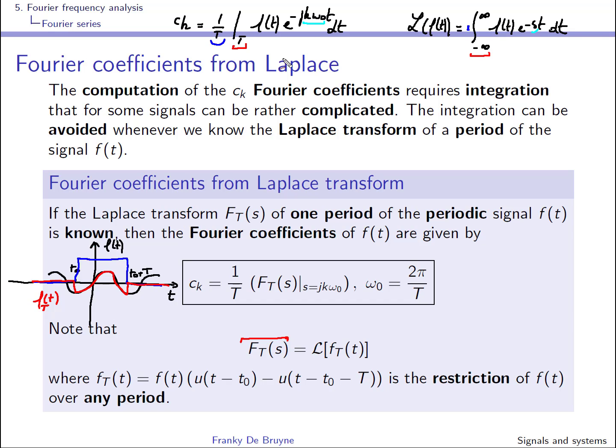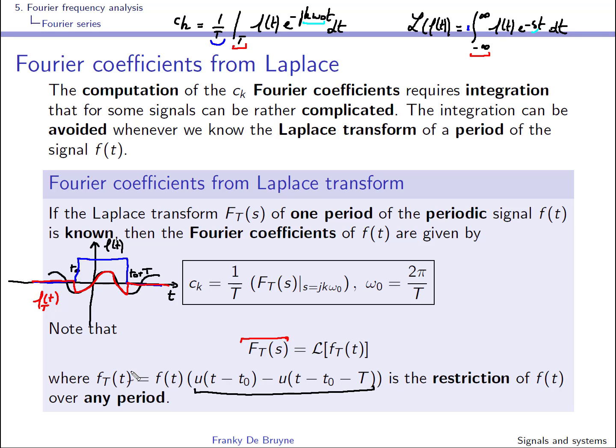Okay, so what we'll do is construct the function that is shown here in red. It's the restriction of the initial function over a period, and you can obtain it by multiplying f of t using a window, and we've seen previously that this window can be constructed from two steps.